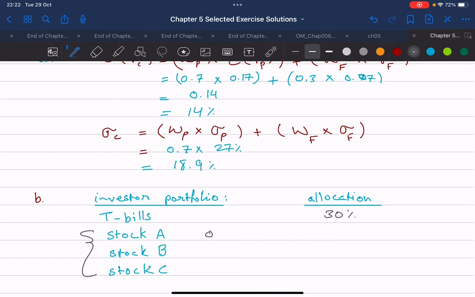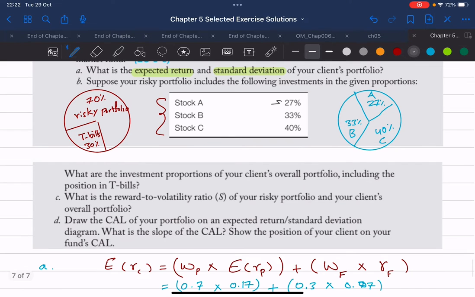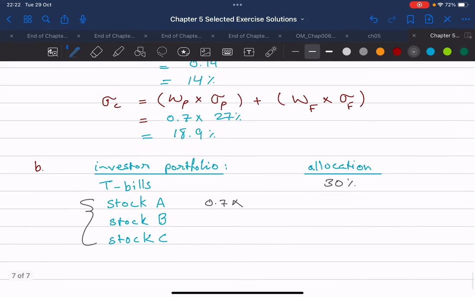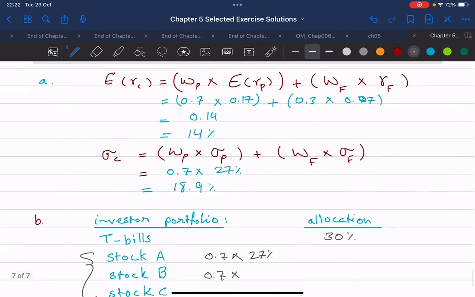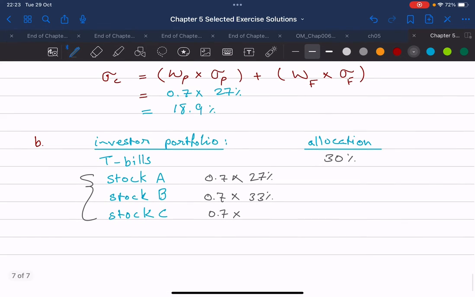Okay, so here we'll say 0.7 multiplied by stock A. Stock A's allocation is 27%. So 27%. And again for stock B, 0.7, which is 70%, multiplied by 33%. Okay, and finally for stock C, 70% multiplied by 40%.